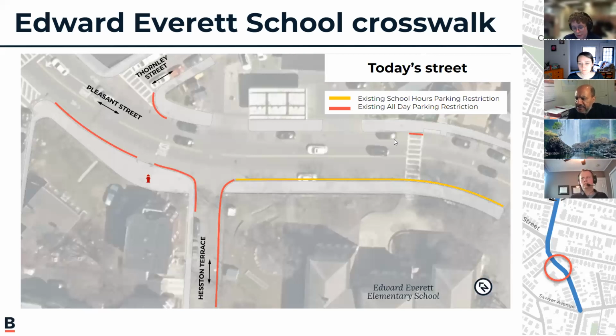And we've heard that drivers can speed through this intersection or through this crosswalk without yielding to kids and their parents who are crossing. The principal and staff of the school often are out there at arrival and dismissal to try to facilitate crossing at this intersection, because they say that there are a good number of students who walk to the school.